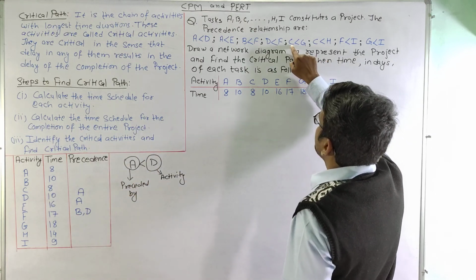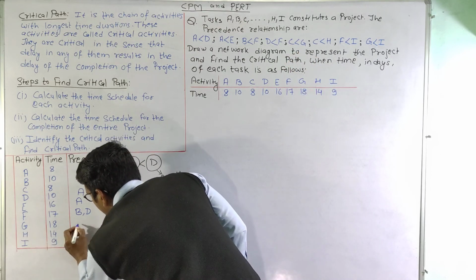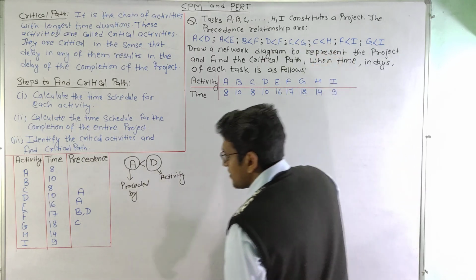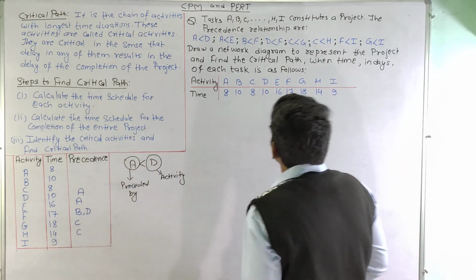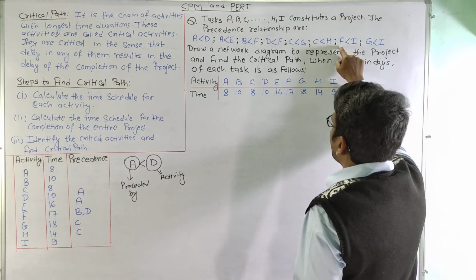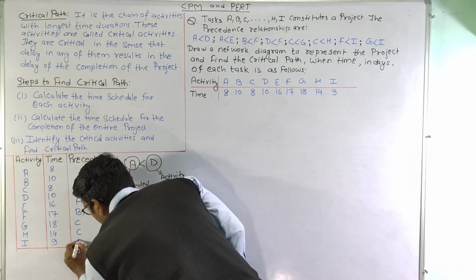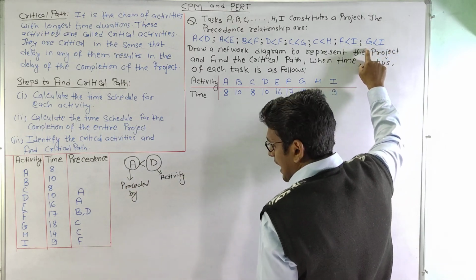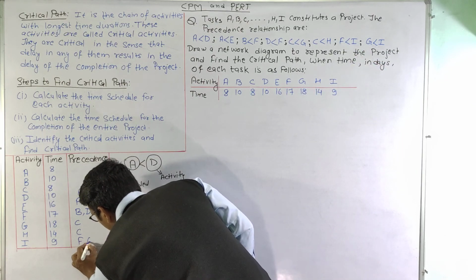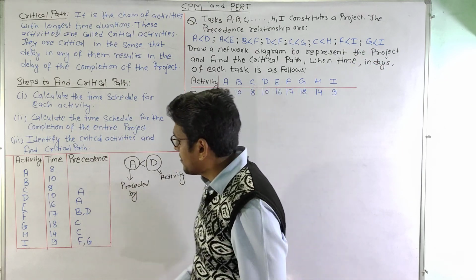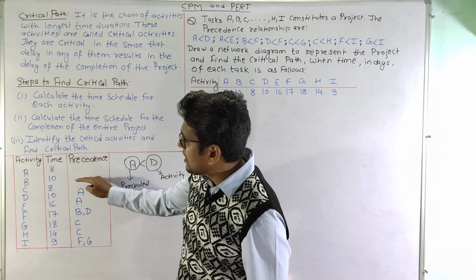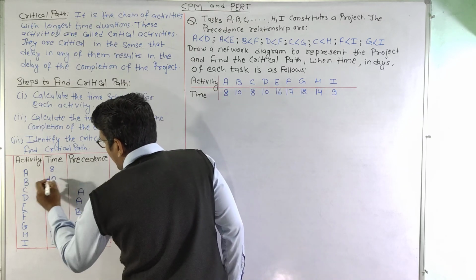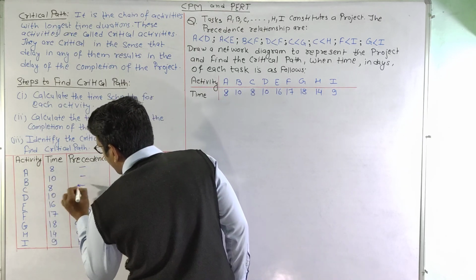Now G is preceded by C. So activity G is preceded by activity C here, and H is also preceded by activity C. I is preceded by F. So activity I is preceded by activity F here, and activity I is also preceded by activity G. Now we can see that there are 3 activities A, B and C where no precedence is given. So these are unpreceded activities A, B and C.